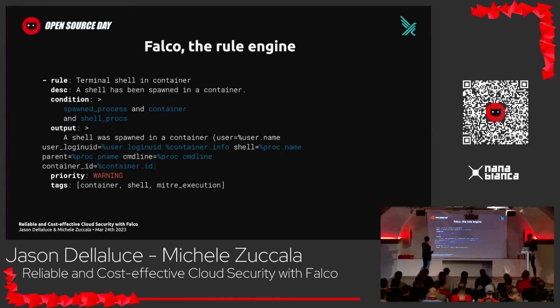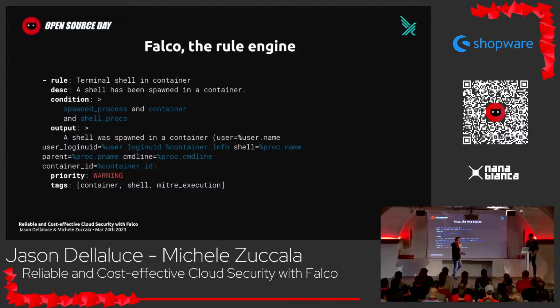Here I'm saying, hey, whenever there's a spawned process in a container, and the binary that gets called is one of the shell processes, I want to get alerted with this kind of output. This is the message that I want to get, some variables, and the priority of the warning.